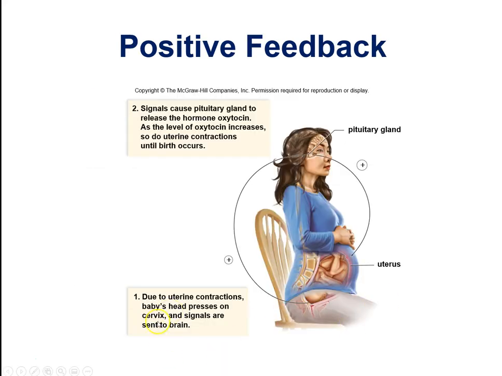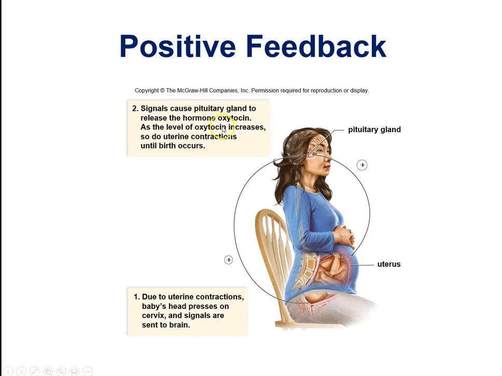So here, it says due to uterine contractions, the baby's head presses on the cervix. So those contractions start. Once the baby's head presses on the cervix, that sends a signal to the brain to release a specific hormone called oxytocin. And that oxytocin then causes more contractions to occur.